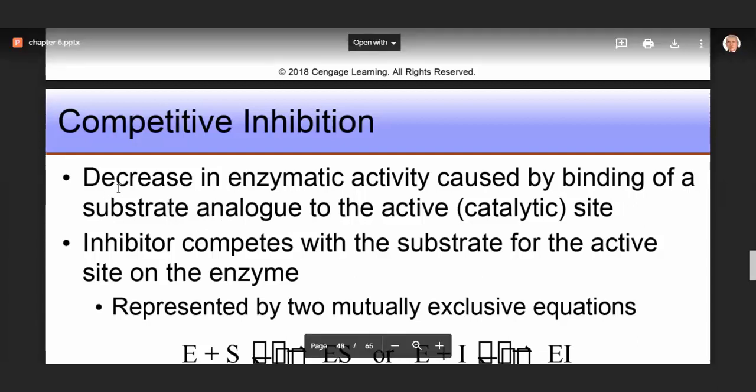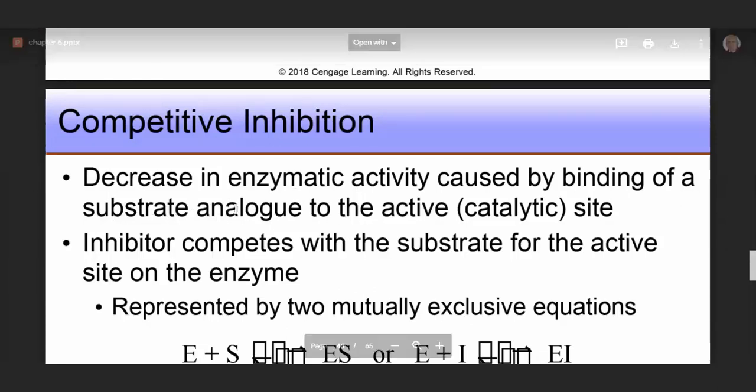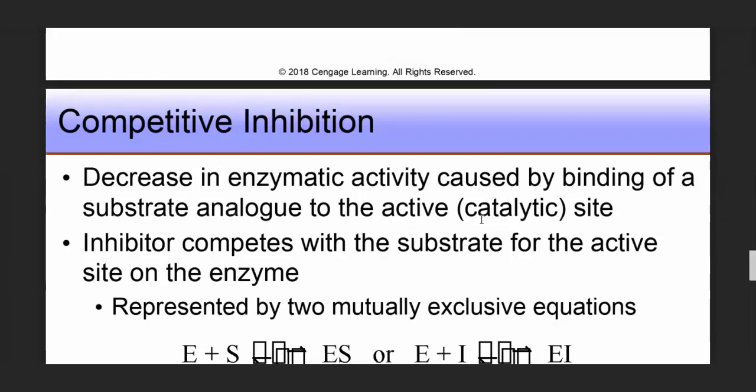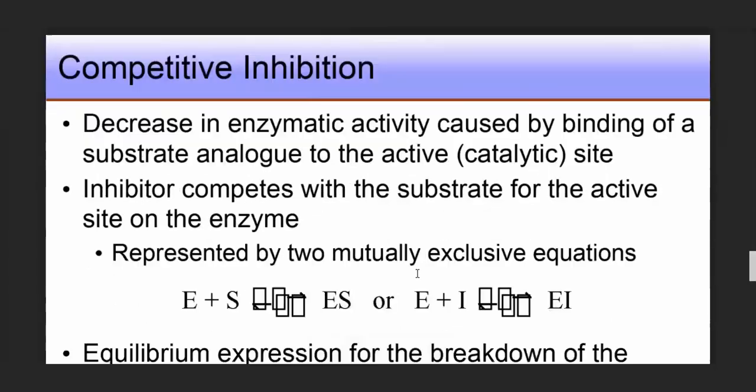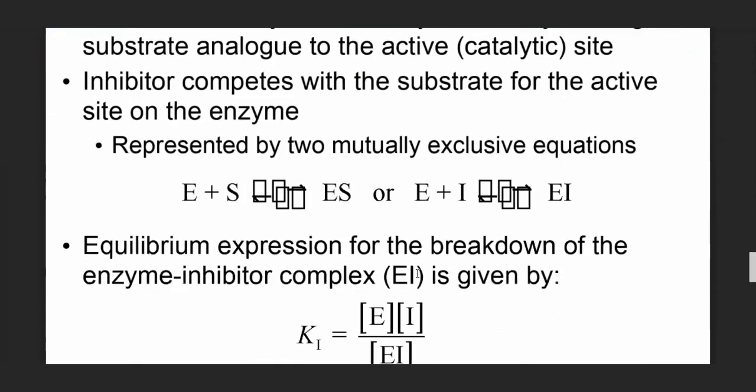So we can say why there is a decrease in enzymatic activity. This is caused by binding of a substrate analog, the inhibitor, to the active site or catalytic site. So we can say that the inhibitor competes with the substrate for the active site of the enzyme, represented by two mutually exclusive equations, E plus S to form ES or E plus I to form EI.